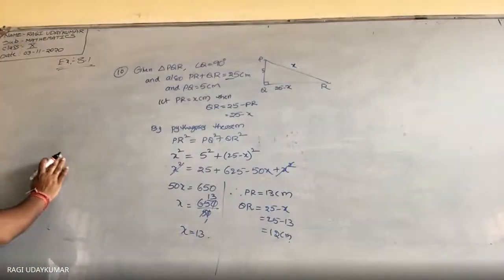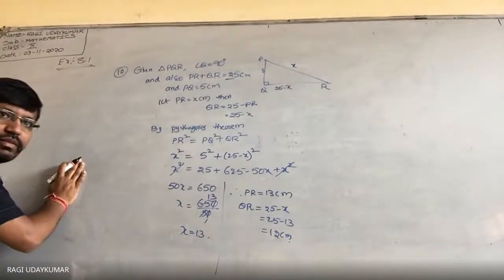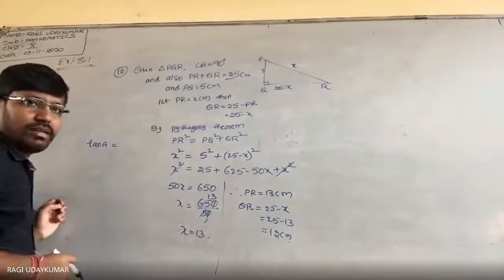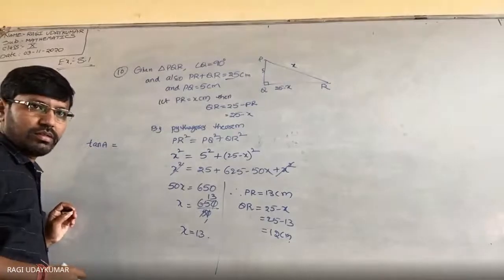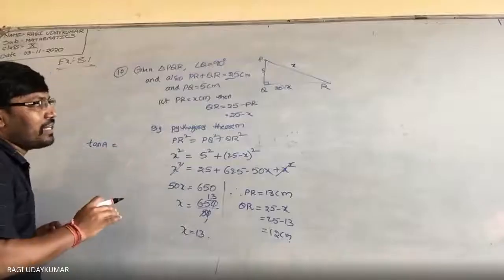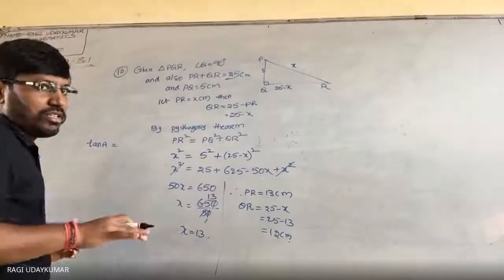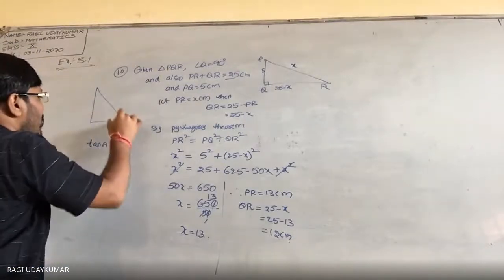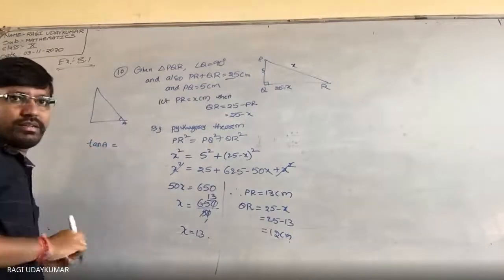Is it visible to you here? Suppose you are taking tan A. What is meant by tan? Opposite by adjacent. Here, opposite by adjacent. Whenever you take a triangle like this, this is the angle you take.